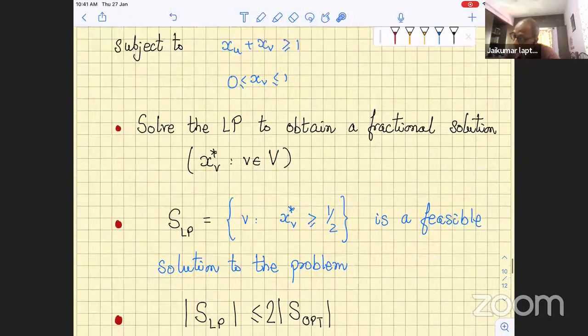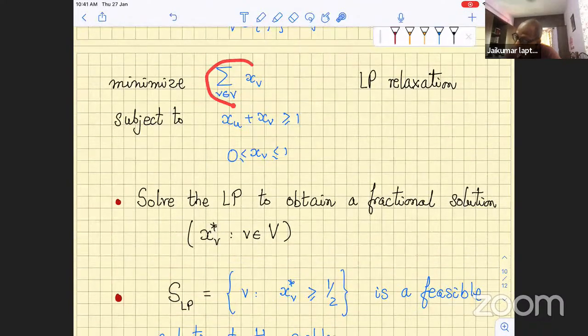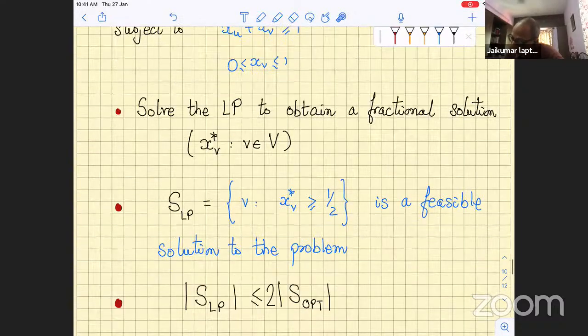And what about the objective function? We knew that the fractional solution was a lower bound for the optimum. Even when we were allowed fractional solutions, this was the optimum value, the sum of the x_v stars. Nobody can do better than that using an integral solution, because even with fractional solutions, that is what we were doing. And what have we done?